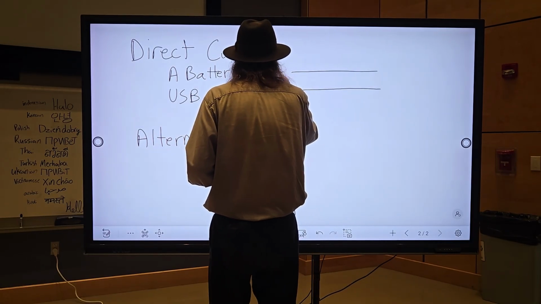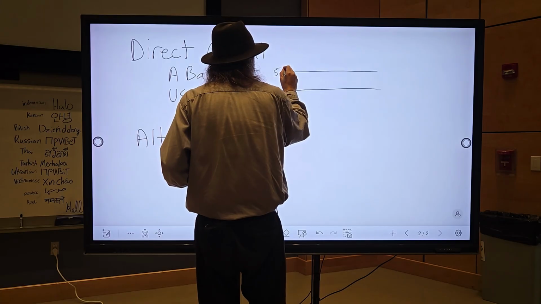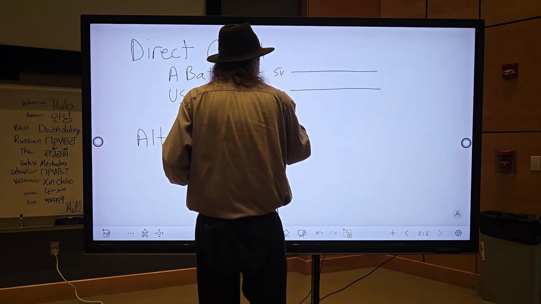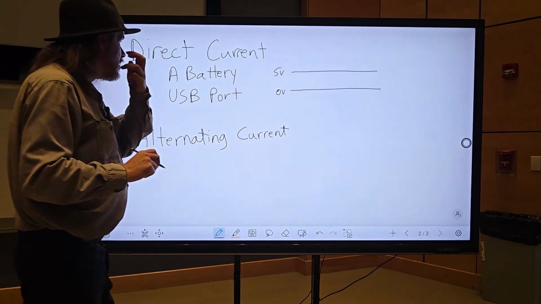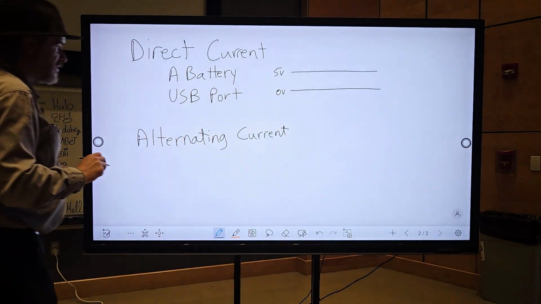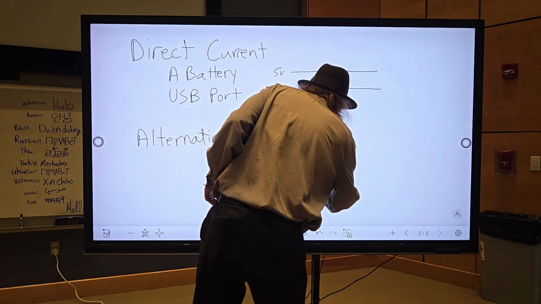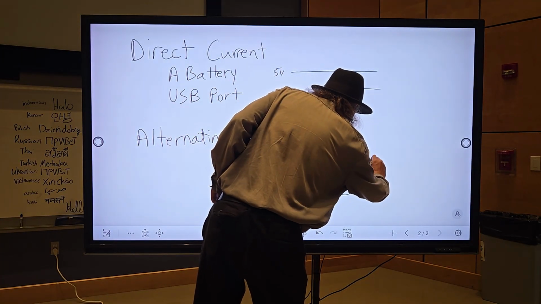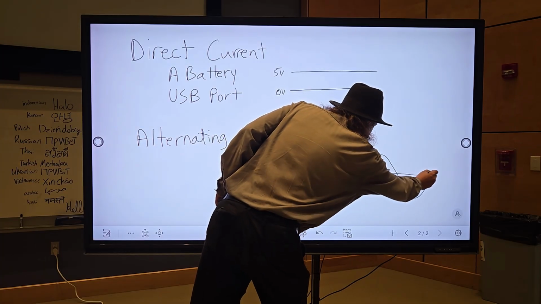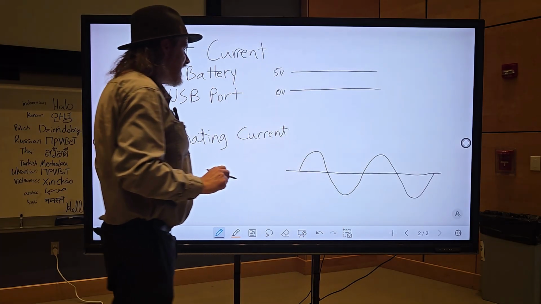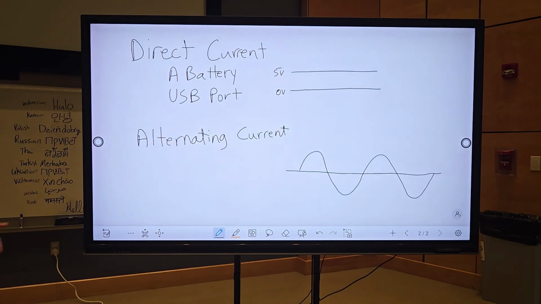So, say, for a USB port, it will be 5 volts and 0 volts. Alternating current goes up and down. The current flow alternates between going one direction and the other.